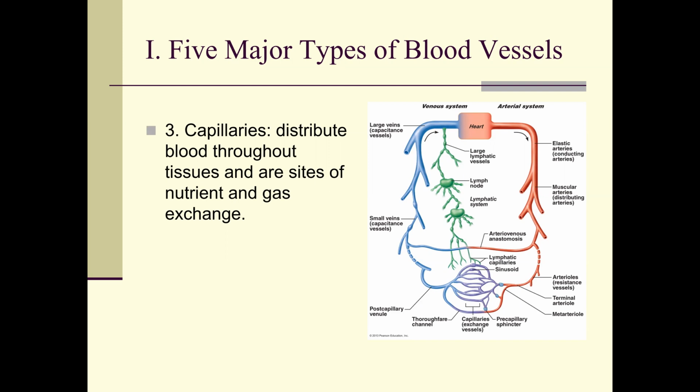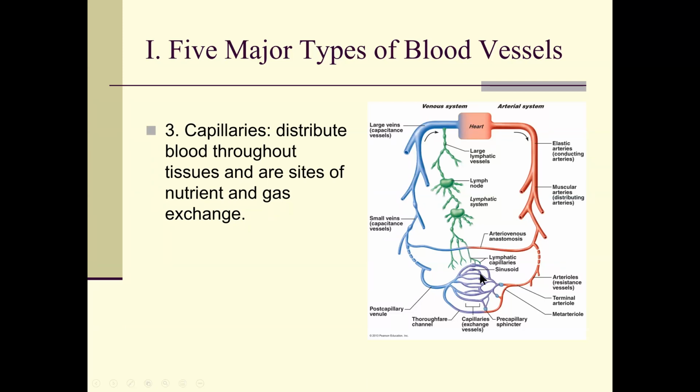In other words, that's where oxygen is exchanged, that's where CO2 is exchanged, that's where waste products are given up by the cell, that is where nutrition, which is carried by the blood, is given to the cells, okay? And so this is where everything occurs. This is the site of the major work. This is the whole reason for everything else, okay? If this is the capillary bed in the lungs, this is where O2 and CO2 are exchanged. If this is the capillary bed around the small intestine, this is where nutrients are being absorbed.